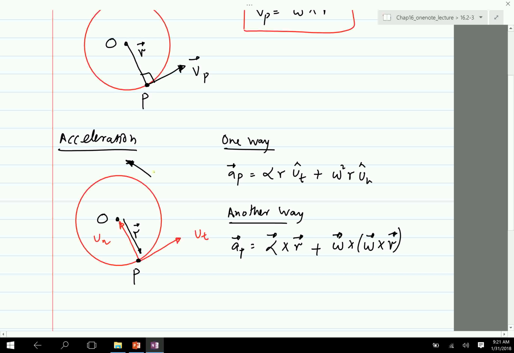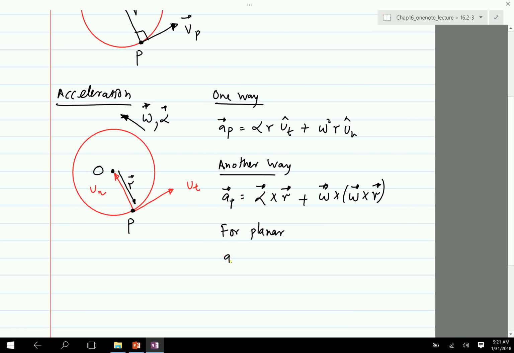Now for planar motion, by planar I mean the object can only rotate in one plane, you can actually simplify the formula. We are only going to look at planar motion in this course, so you can use this formula which I'm going to write here instead of this complicated vector formula. You can write this equation as alpha cross r minus omega square r.